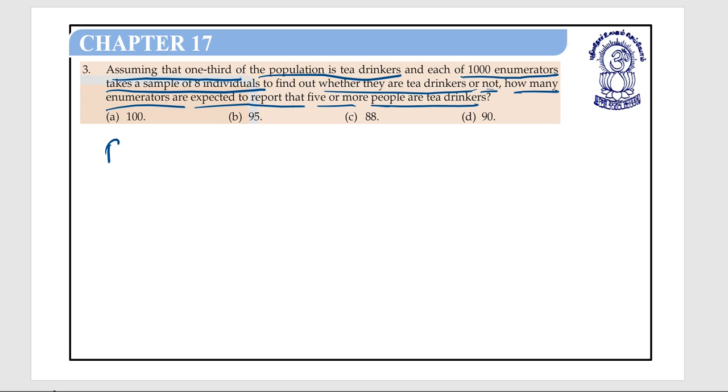Here P is equal to 1 by 3. So Q is equal to 1 minus 1 by 3, which is equal to 2 by 3. N is equal to 8.